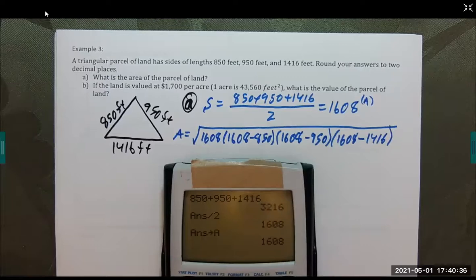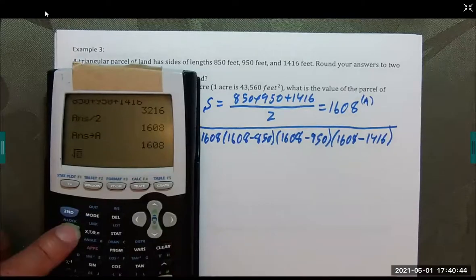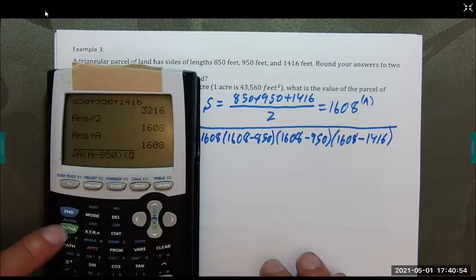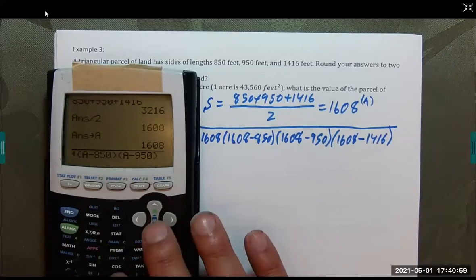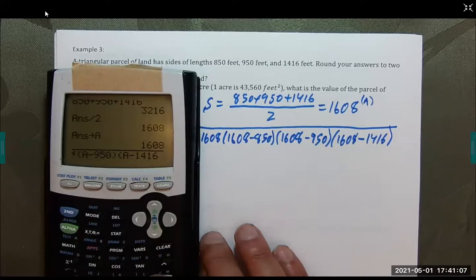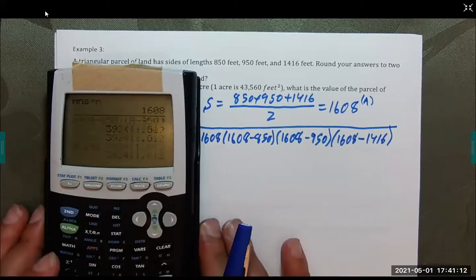All right, so I'm going to go square root of A, parenthesis, A minus 850, close, open A minus 950, close, open A minus 1,416. All right, and I'm going to store that as C because I'm going to have to use it for part B.